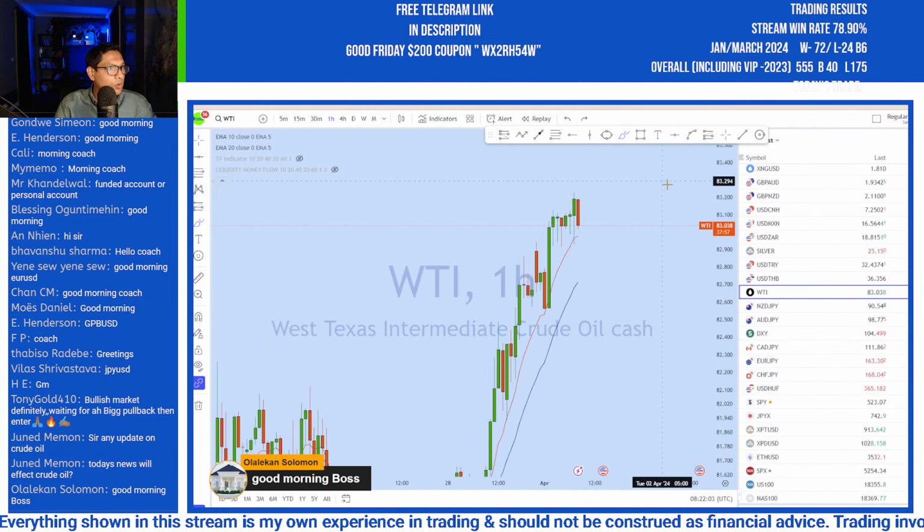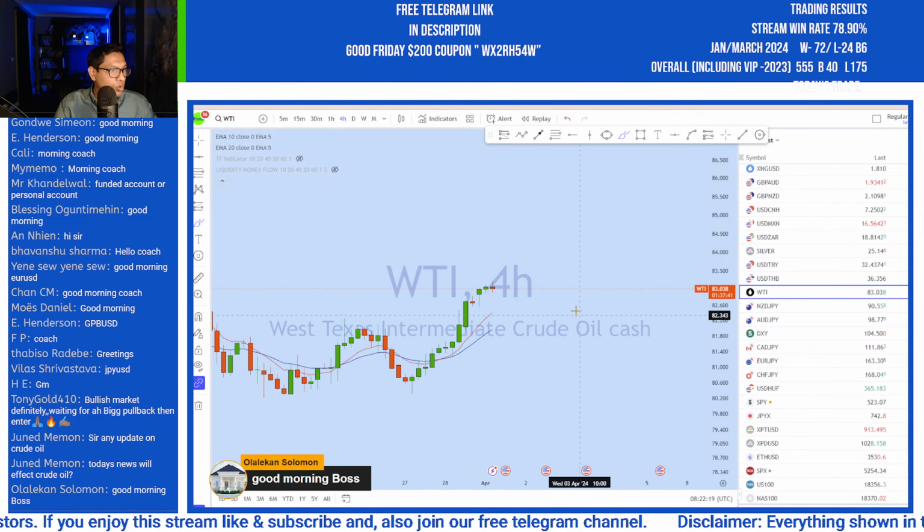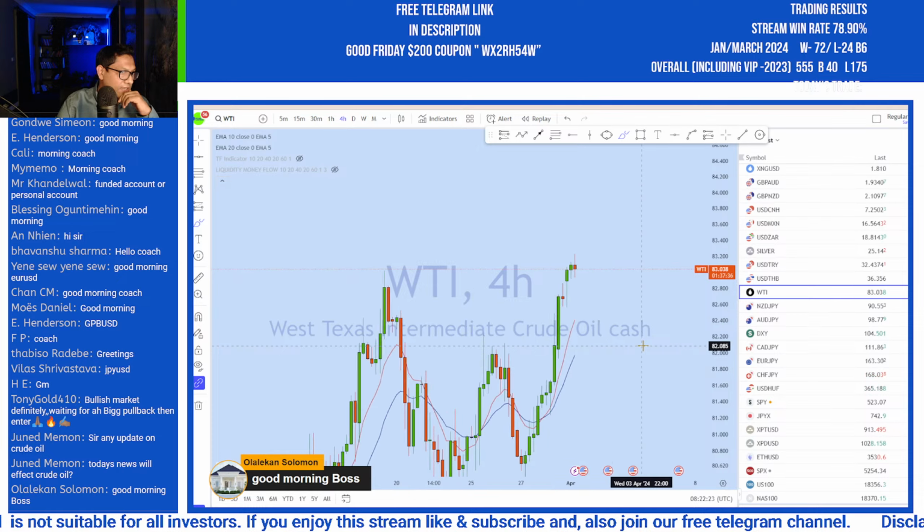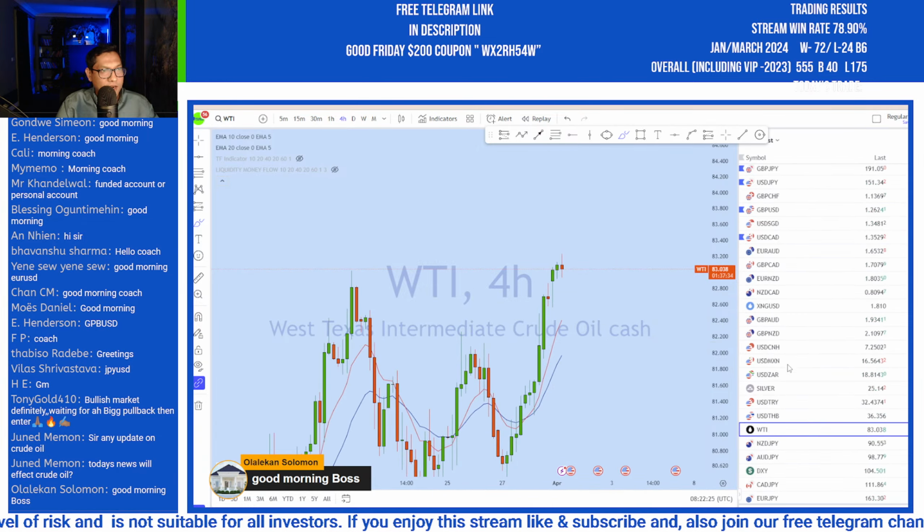If we look at the daily and lower time frames on WTI, we see there is a gap opening. I'll come back to it later. We might see a pullback on this market.